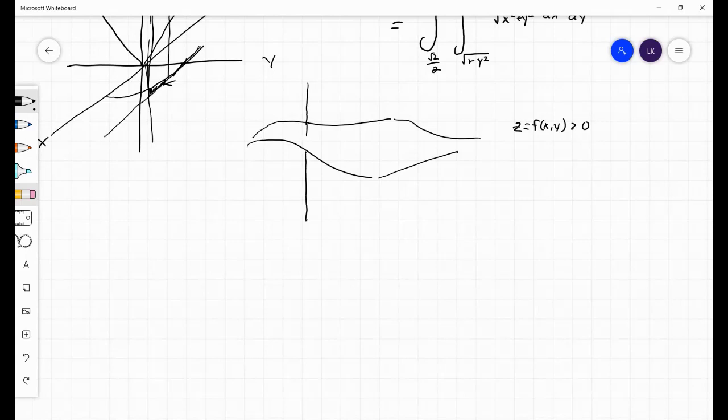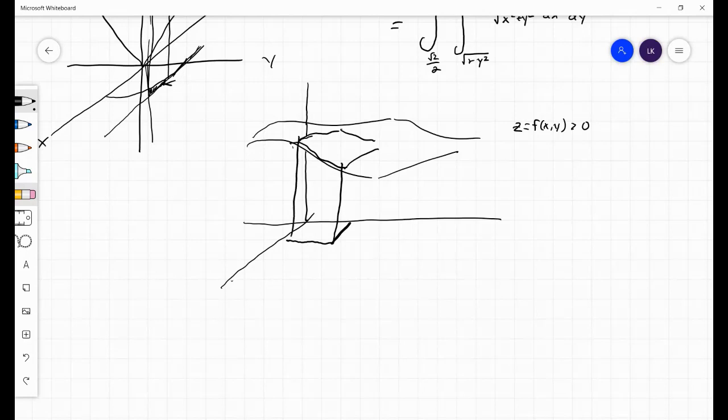And you want to find the volume between the region in the xy plane and the surface.